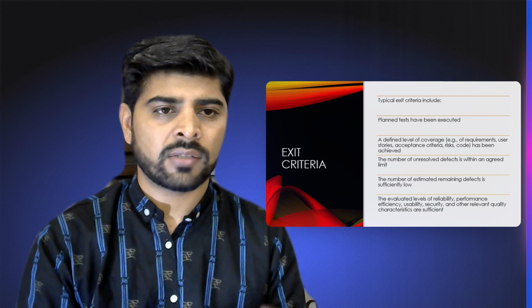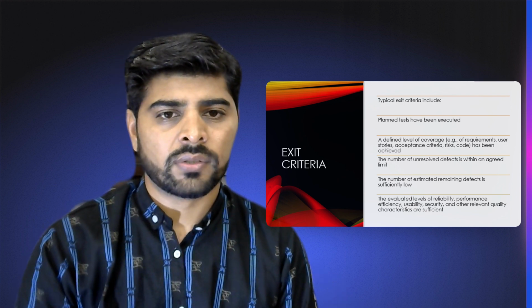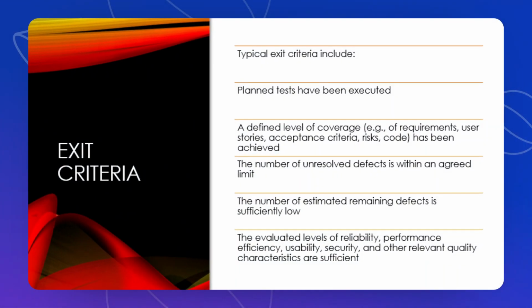Exit criteria are also defined in the test plan and written in the user stories. The number of estimated remaining defects should be sufficiently low. Our objective of testing is to identify the bugs and issues in the product, so if they are sufficiently low, then we can say that we have met the exit criteria.